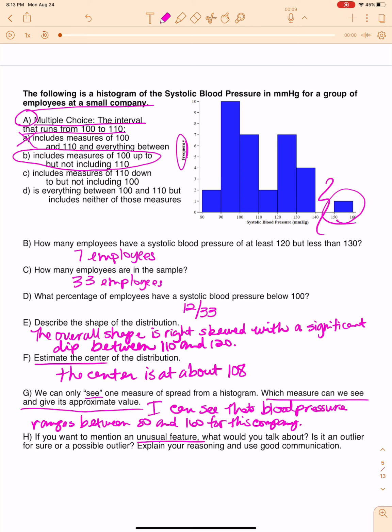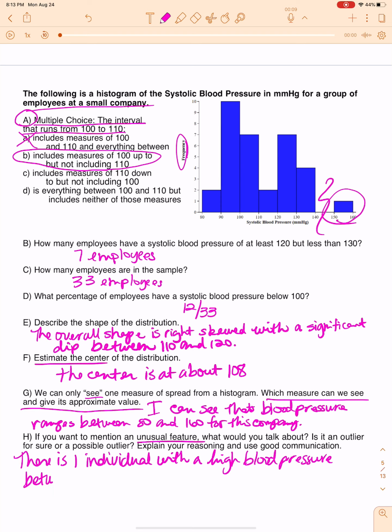I would talk about the fact that for this company, there is one individual with a high blood pressure between 150 and 160. What makes it unusual is that it's not following the general pattern of the data. It's out there all alone by itself.